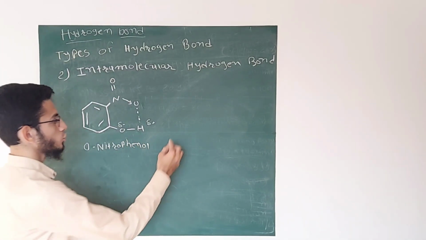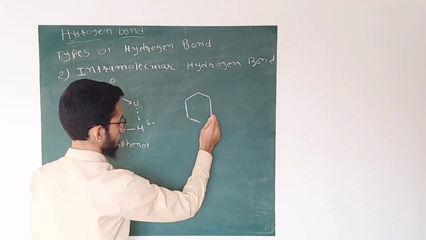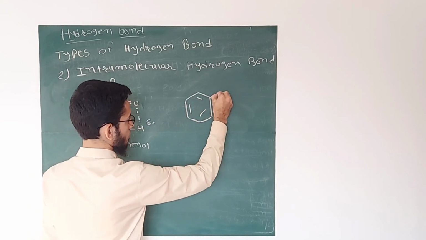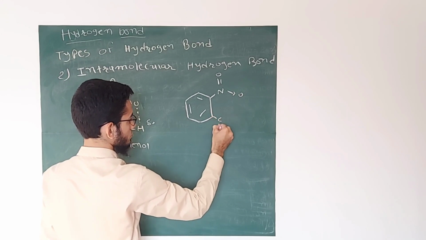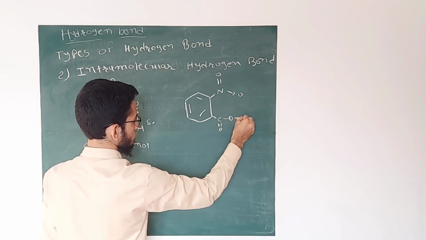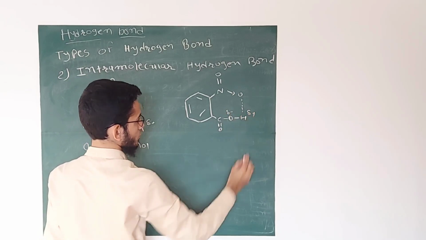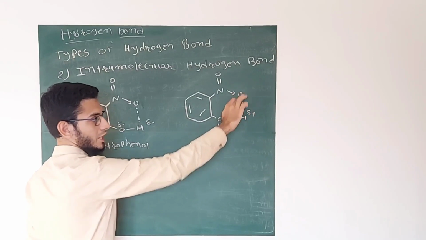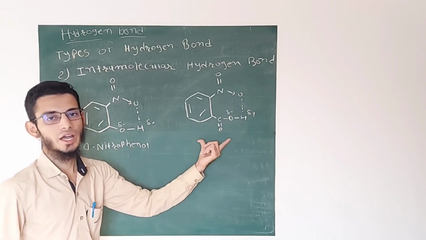Then next is orthonitrobenzoic acid. The hydrogen atom of the molecule combined with the electronegative atom in the same molecule like that is known as intramolecular hydrogen bond.